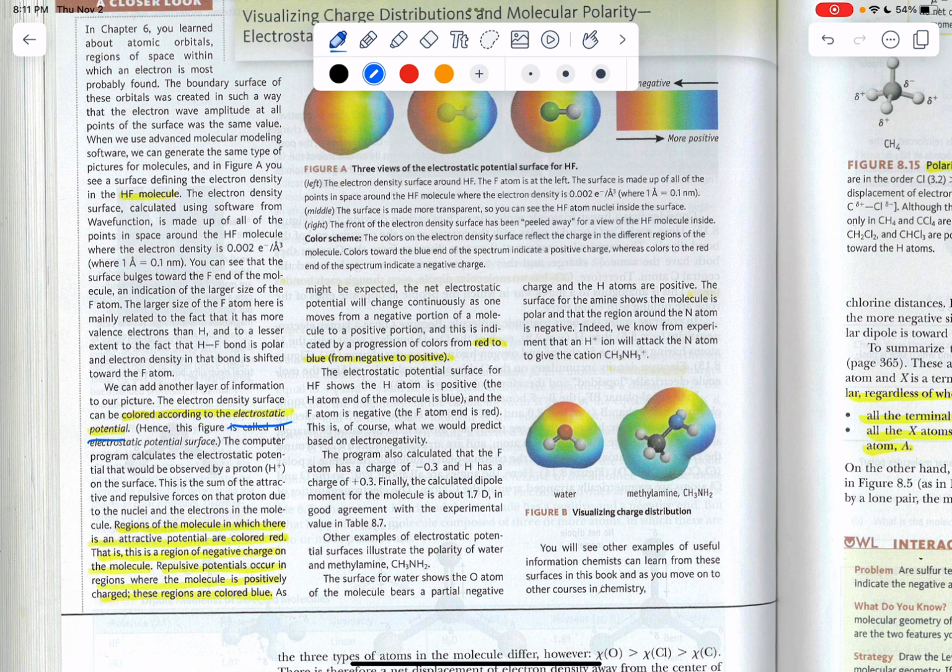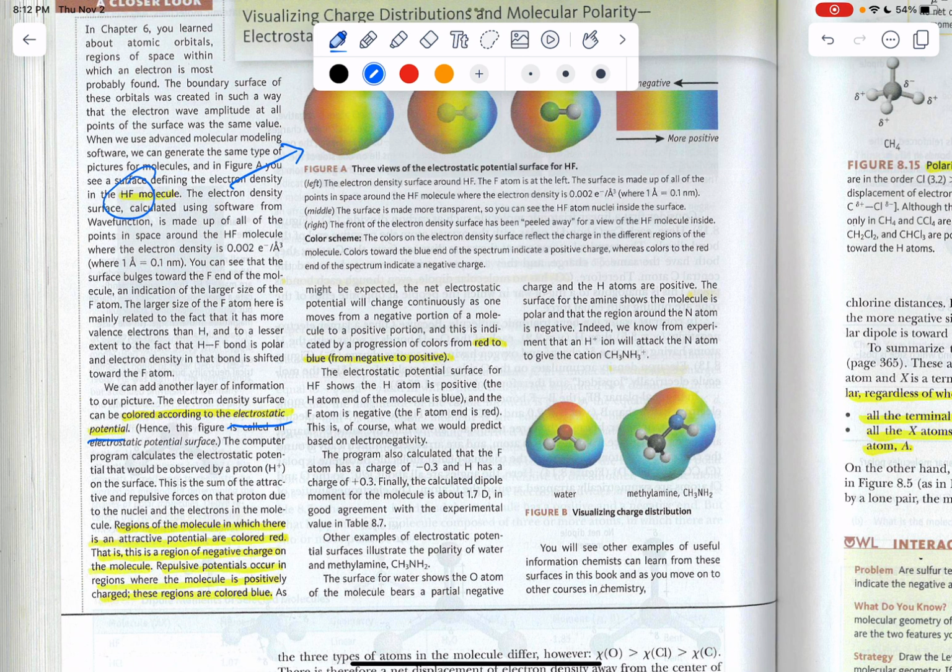And we'll talk about potential difference per charge a lot in AP Physics. What they're showing you up here is the hydrogen fluoride molecule, which is a pretty polar molecule because you've got the most electronegative element, fluorine, connected with hydrogen.